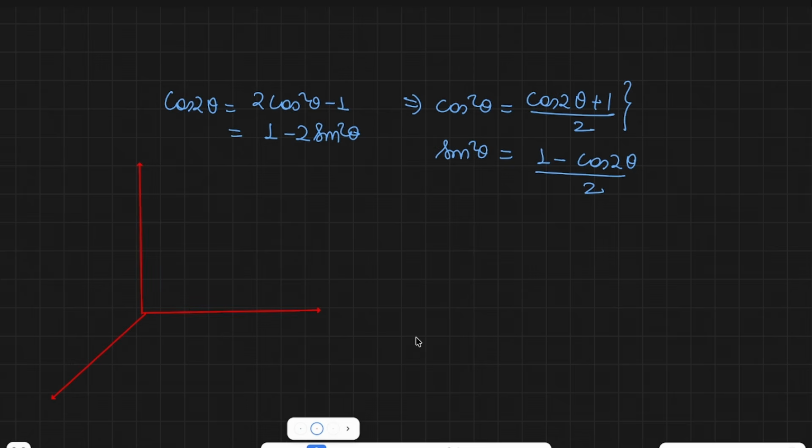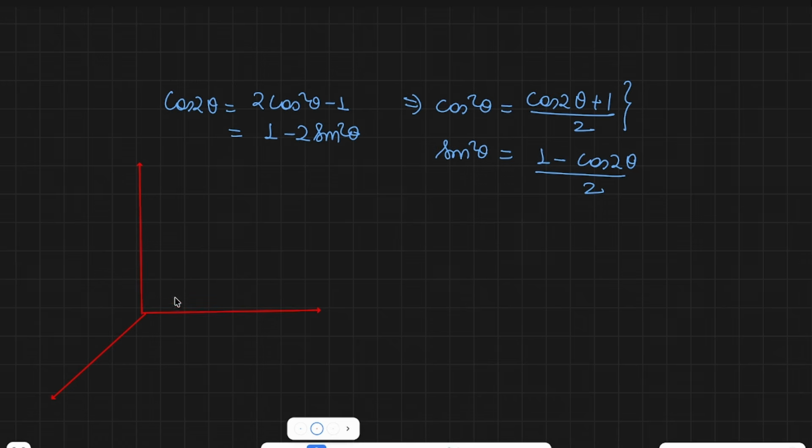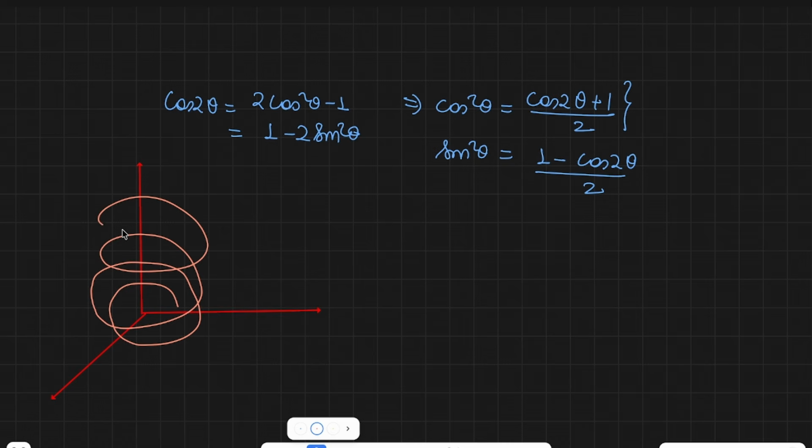This is a circle, x and y, something like this. It is also going in the z direction. So this is called a helix. This is the equation of cos t i cap plus sin t j cap and 3t. 3t represents its span from the origin. Okay, this is called a helix.